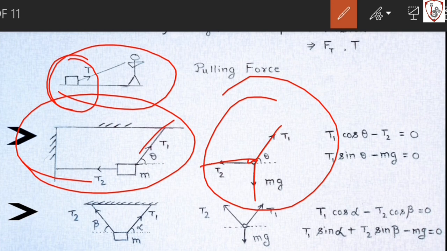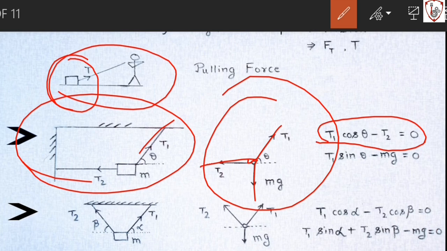Then what is the net force acting on the block in the x direction? In the x direction, balance the forces, apply Newton's law. In the y direction, apply Newton's second law. In the x direction, net force: T1 cos theta minus T2 is equal to ma. a is 0, so T1 cos theta minus T2 is equal to 0.